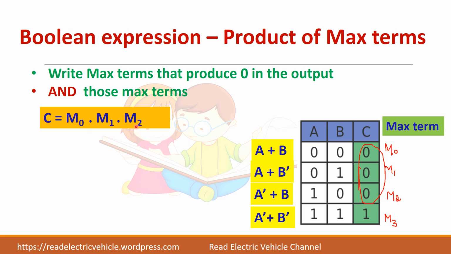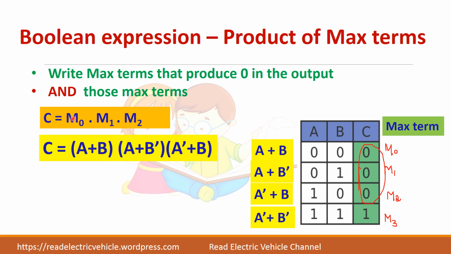C is equal to M0 times M1 times M2. What is M0? A plus B. What is M1? A plus B dash. M2 is A dash plus B. So multiply all these things. This is the expression in terms of product of Maxterm.